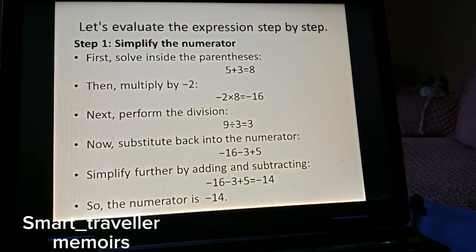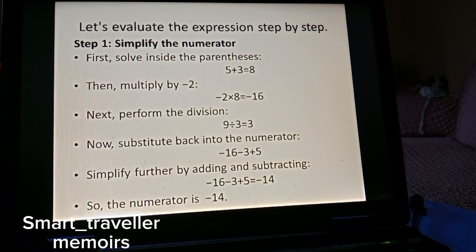Step by step. Step 1, simplify the numerator. First, solve inside the parenthesis, which is 5 plus 3 is 8. We are following the BODMAS brackets. Then multiply by negative 2. Negative 2 times 8 is equal to negative 16.